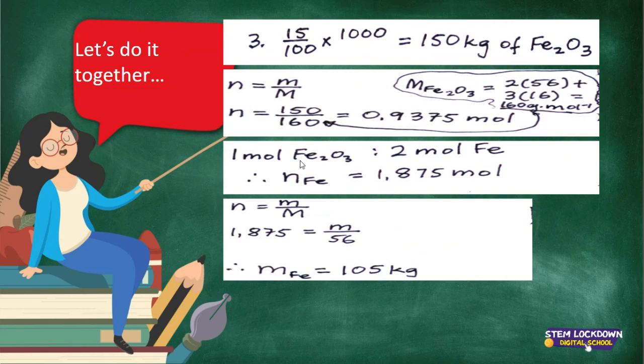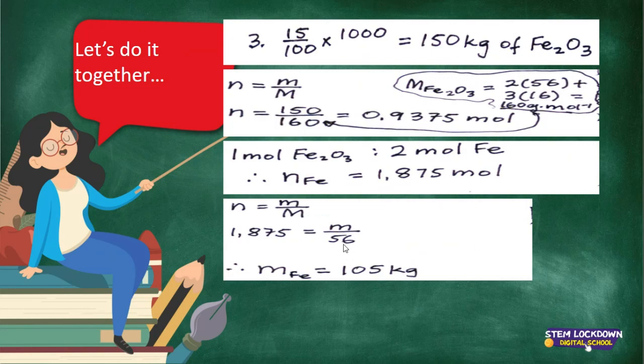Now, 1 mole of this will give you 2 moles of iron. So the number of moles of iron will then be 1,875 times 10 to the power 3, because of this kg, you are always multiplying by 1,000.